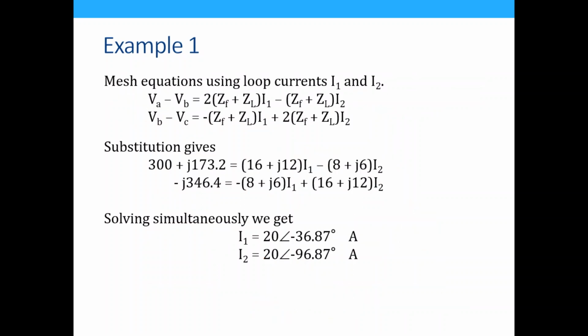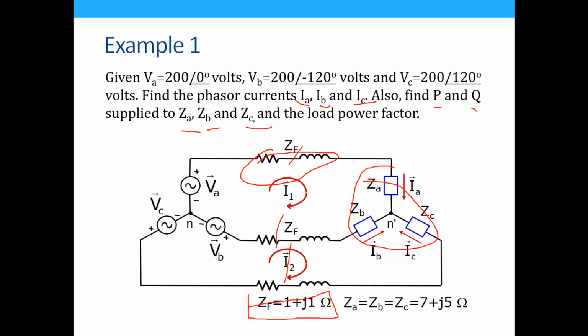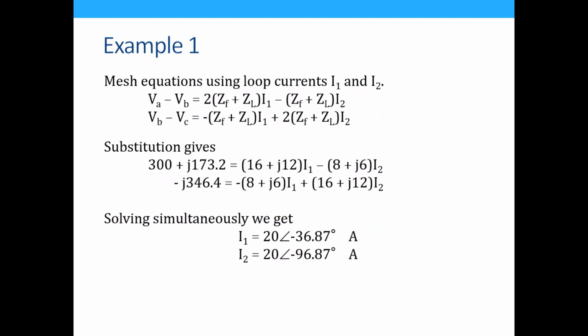so we're gonna use mesh analysis here. We have two meshes. We just get KVL in this loop, KVL in this loop. We can solve for the mesh currents right here. Okay, so you can solve it there. So from here, set up the equations, and here is our substitution and simplification.